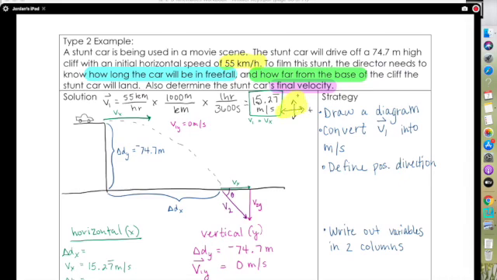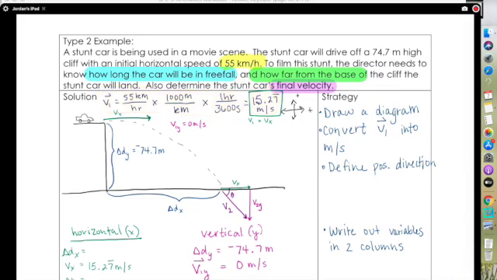So here I defined up as being positive and to the right as positive. Okay, I also went ahead and converted my 55 kilometers per hour into meters per second. Hopefully you remember doing that from earlier chapters.